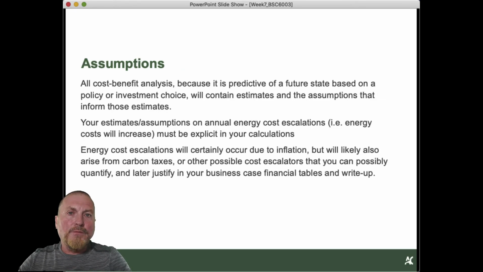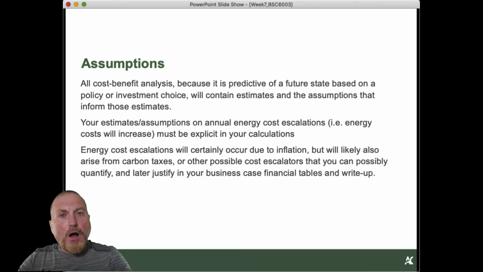Okay? And then something else that's going to be in your business case is your assumptions, right? All business cases are predictive, right? You're doing a cost-benefit analysis in a business case that says that if we make this investment, based on all of our expertise and previous historical experience, this should happen over the next 20 years.